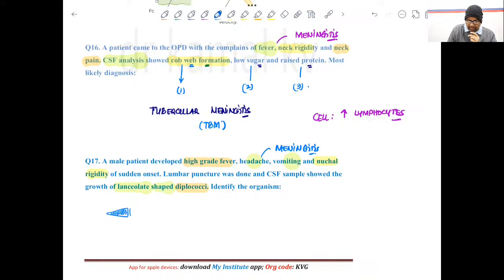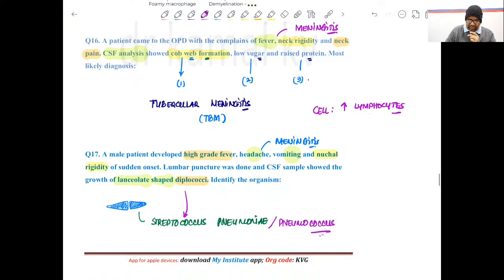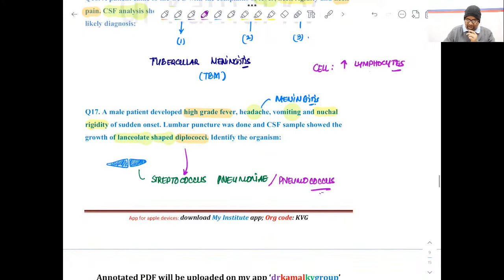And diplococci, like two bacteria together. So this is the classical appearance of Streptococcus pneumoniae. Clear? Which is also known as pneumococcus. Clear? So this is a classical description of Streptococcus pneumoniae, which is a lanceolate shaped diplococci.